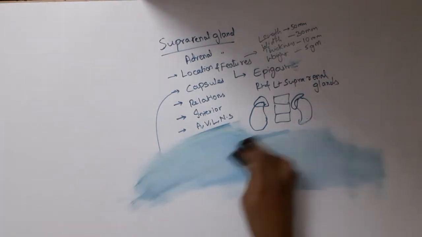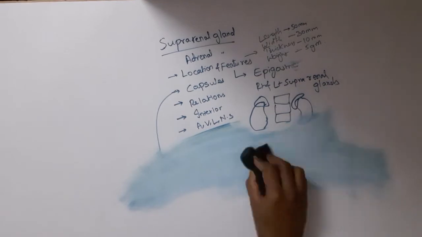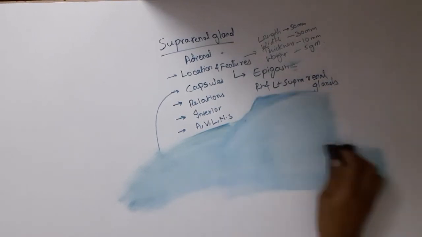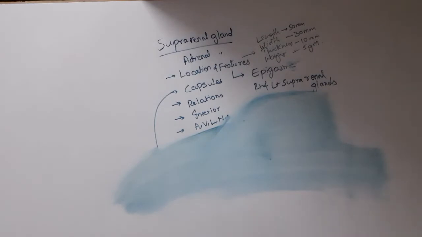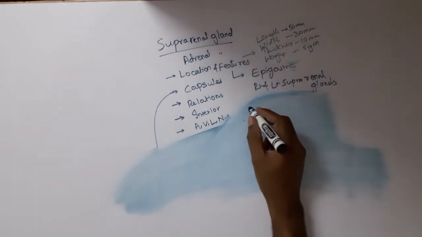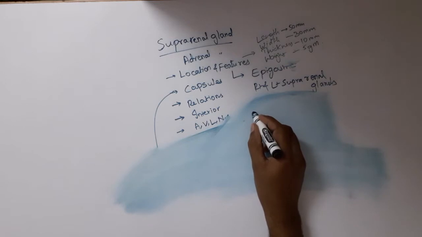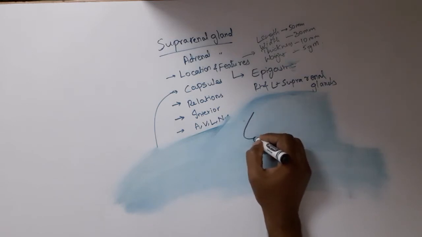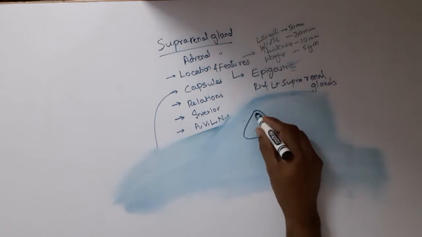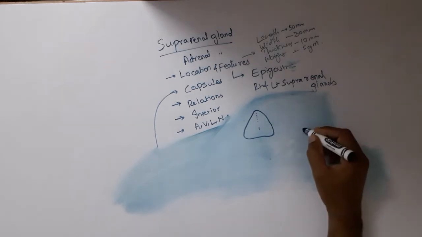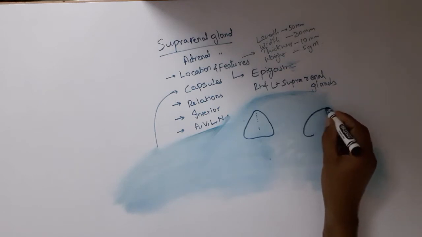Then coming to this in detail, here we have two glands, on the right side and on the left side: the right suprarenal gland and the left suprarenal gland. What is their shape? The right suprarenal gland is pyramidal, whereas the left suprarenal gland is like a crescent, or half moon shape.